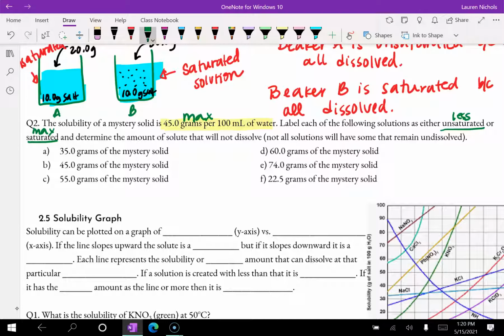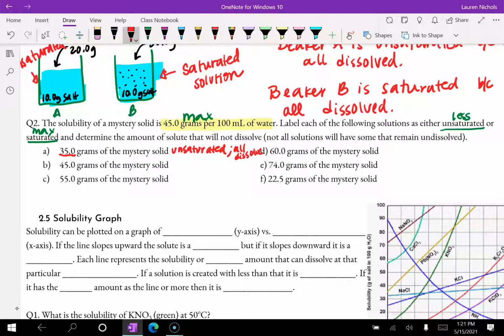Okay? And it tells you, not all solutions will have some that way. So if we look at A, for example, it says that there are 35 grams of the mystery solid. Well, since that's less than 45, which is our maximum, that means this is unsaturated, and it will all dissolve.